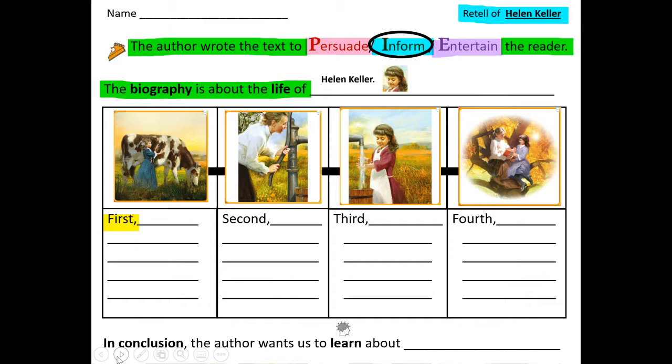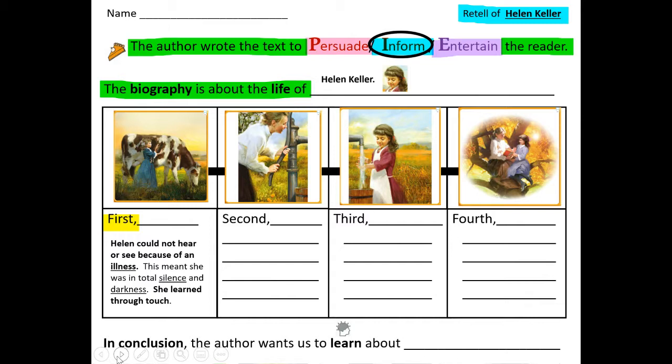First, Helen was, what was her challenges? Well, first, Helen could not hear or see because of an illness. This meant she was in total silence and darkness.